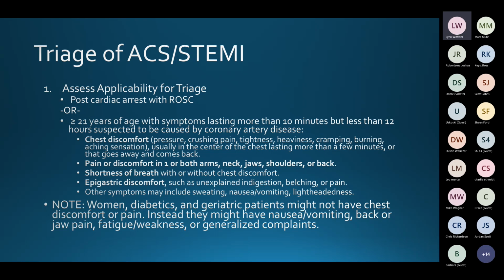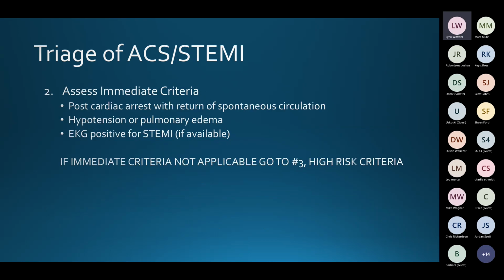But note, women, diabetics, geriatric patients might not have chest discomfort or pain. Instead, they might have nausea, vomiting, back or jaw pain, fatigue, weakness, or generalized complaints. That's fairly vague.